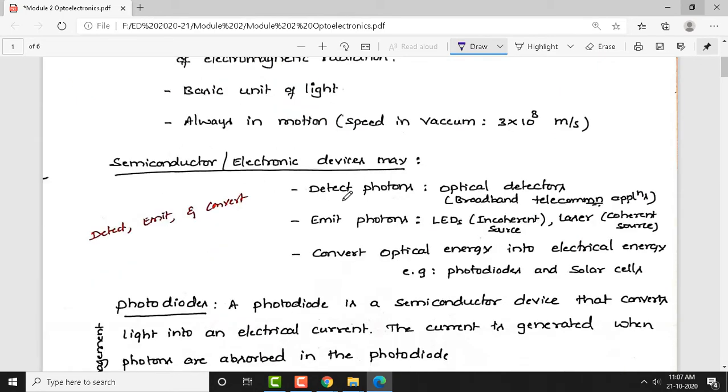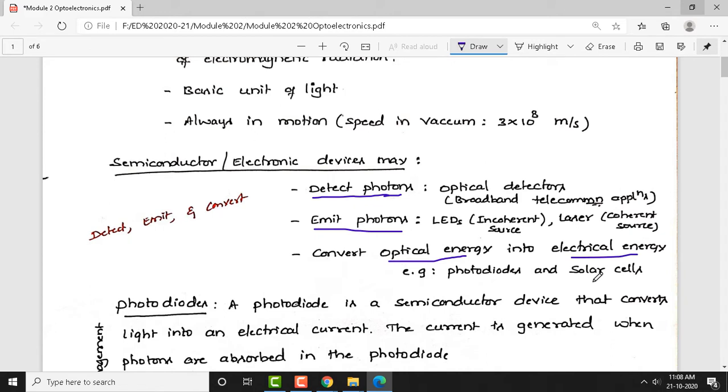When photons interact with semiconductors, electronic devices basically detect photons. Optoelectronic devices can be used to detect photons, and can be used to emit photons. Optoelectronic devices can also be used to convert one form of energy to another, particularly optical energy to electrical energy.